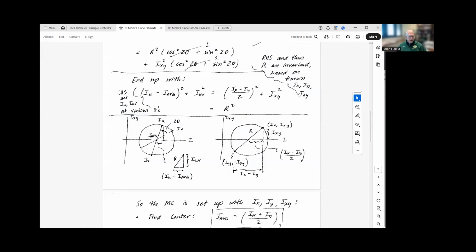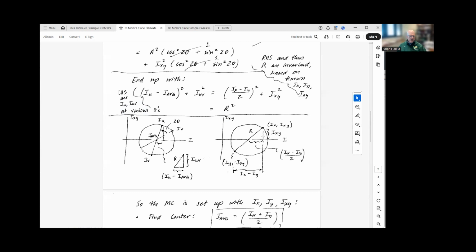One of the things I want to point out to you while we have this circle up: I mentioned that IX and IY plot on opposite sides of the circle. If you drop a vertical down from IX, and if you drop a vertical down from IY, the distance between these is IX minus IY. Half of that distance is the bottom leg of this triangle, so the bottom leg is IX minus IY over 2.